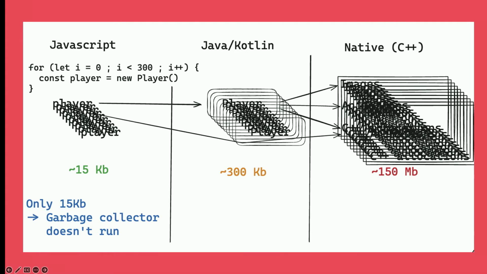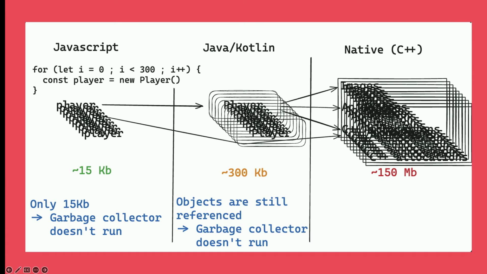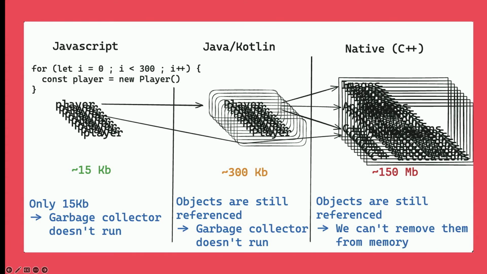On the JavaScript side, you only have 15 kilobytes of memory used. So Hermes only sees that, and it will not run the garbage collector. But on the Java side, your objects are still referenced, so it has 300 kilobytes of code, but it's still referenced, so the garbage collector doesn't run. And on the native side, objects are still referenced, so we can't remove them from memory.